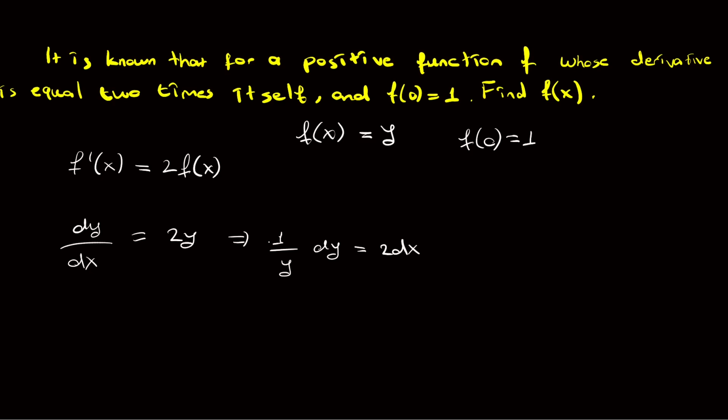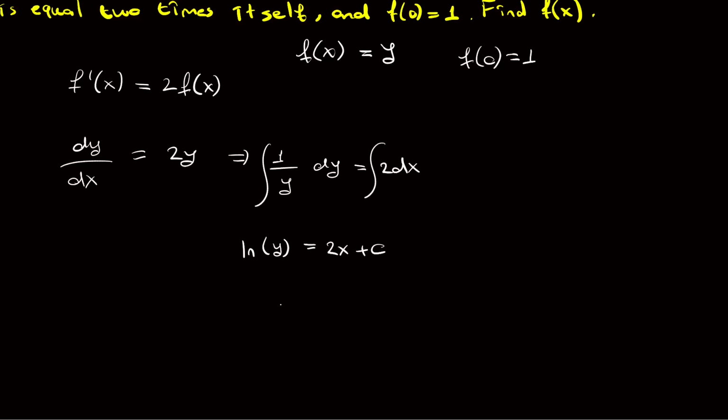Integrating both sides, ln of y, not absolute value because it's a positive function, is equal to 2x plus c. I need to add the constant to only one side. Now I can write y is equal to e to the power of 2x plus c, from the properties of ln.